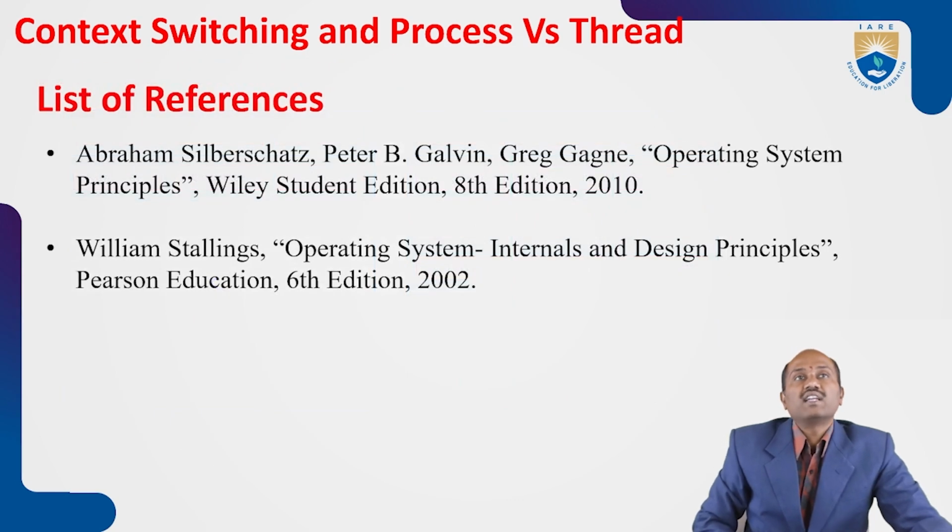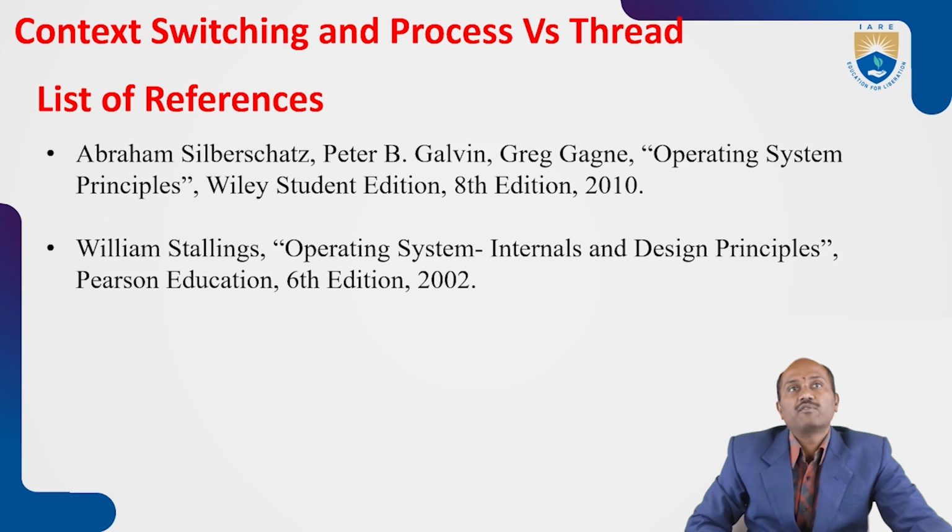For references, I drew these figures from the books of Silberschatz, Galvin and William Stallings. These diagrams, like the process control block diagram, the single thread process diagram and the multi-threaded process diagram, I collected from the books of Silberschatz, Galvin and William Stallings.